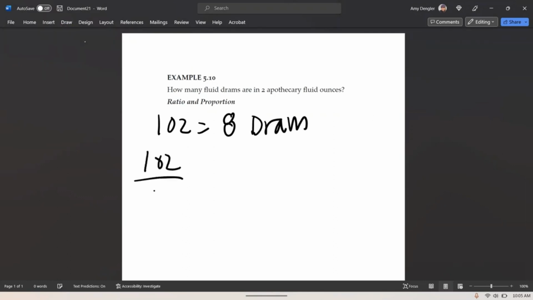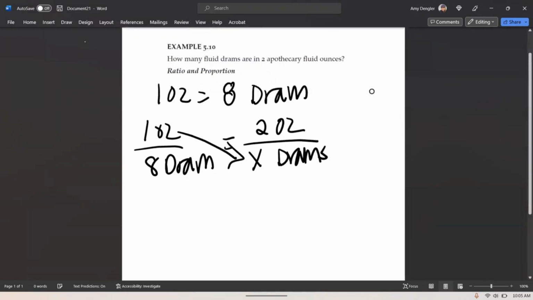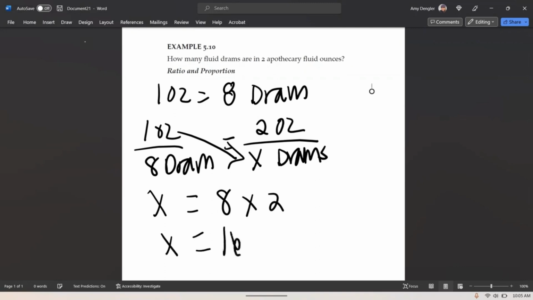So I'll put that on one side of a proportion. And we have 2 ounces. How many drams is that? So this 1 times x just becomes x. So 1x is just x. And then 8 times 2. So x is equal to 8 times 2 is 16. So that's 16 fluid drams.